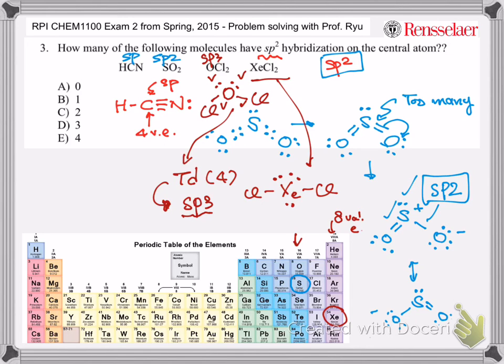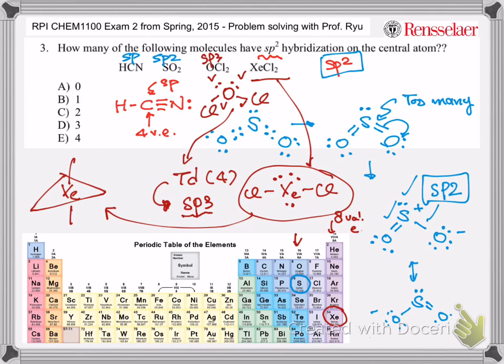So this is a case where you show xenon with a triangle, with chlorine up and down, and these are the lone pairs. And this is called a trigonal bipyramidal structure.